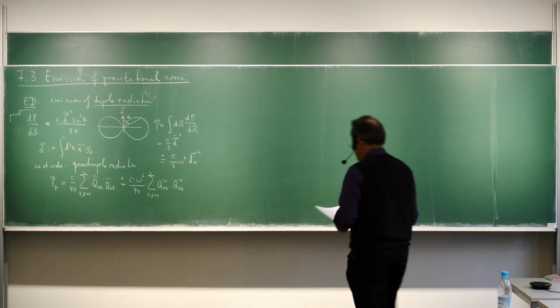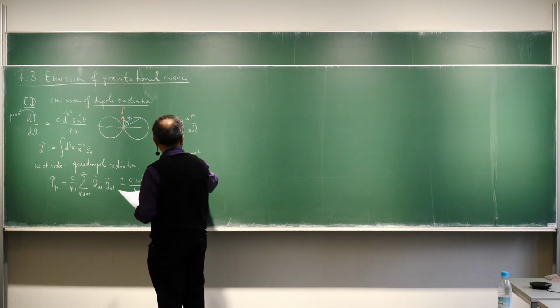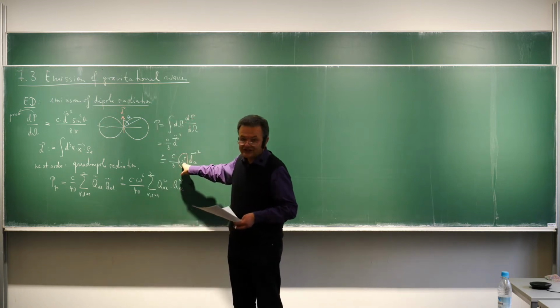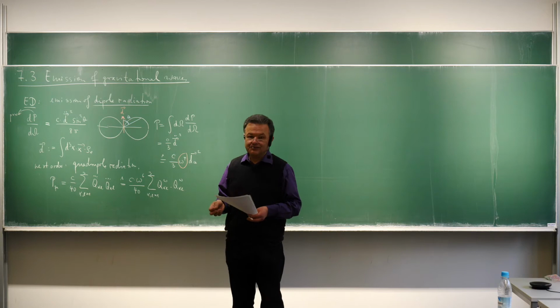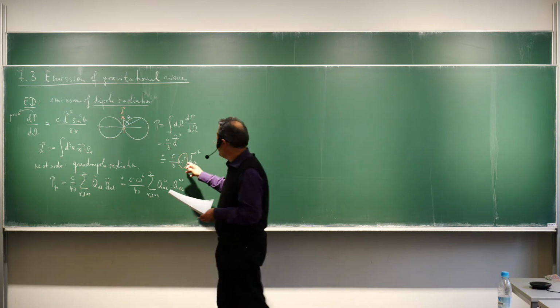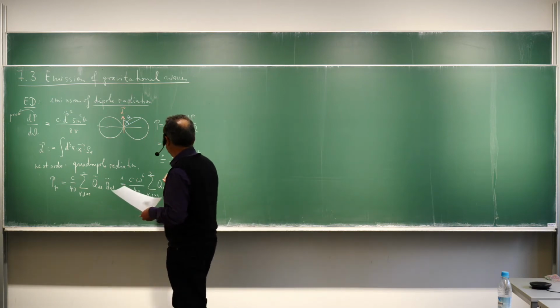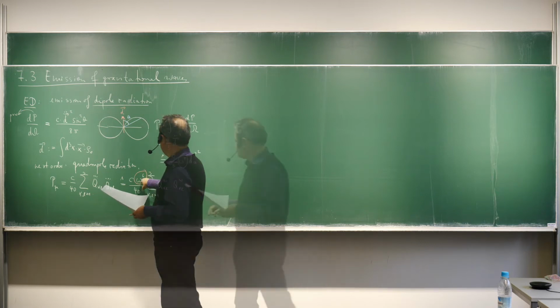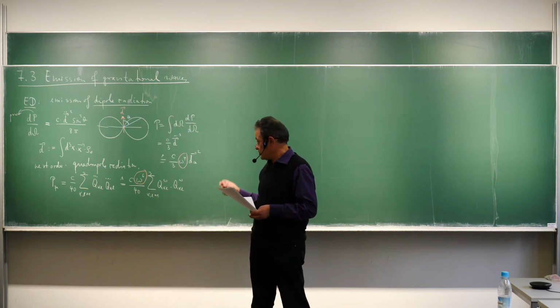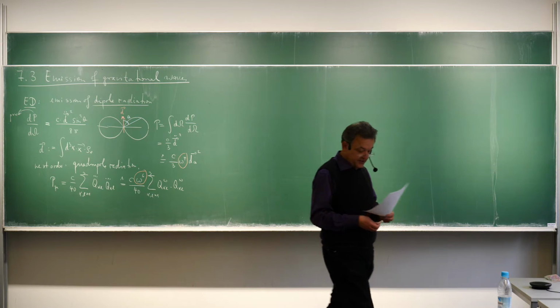So you have here the well-known omega to the 4 factor that is responsible for the blue appearance of the sky, and here in quadrupole approximation or quadrupole radiation you have omega to the 6.